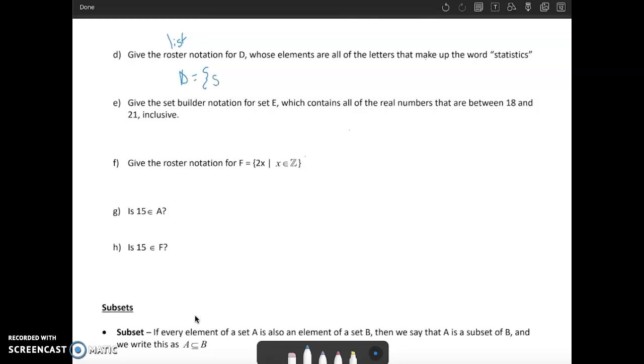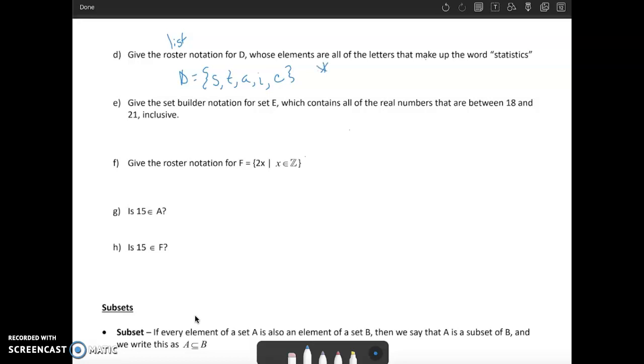The letters in statistics are S, T, A, and then I'm not going to list the T again because I don't double list when I'm making sets. And I need an I, but I've already used the T, I've already used the S, T, I, so the only one left is a C.